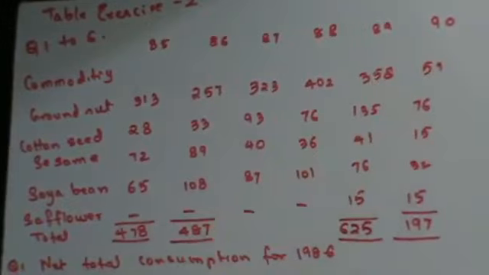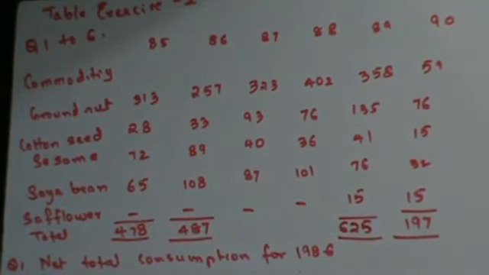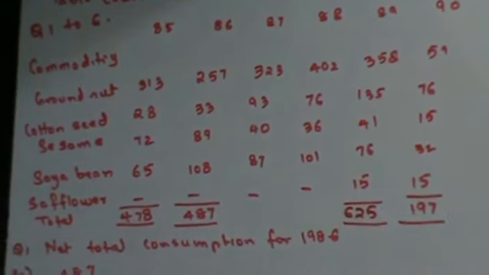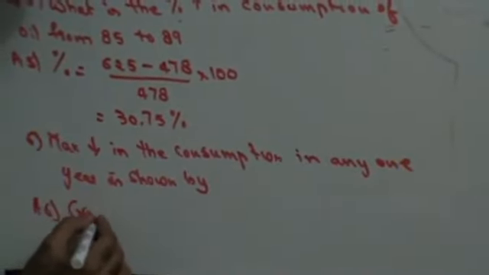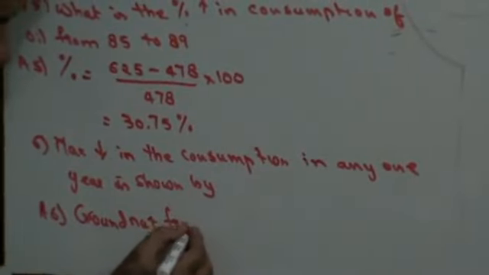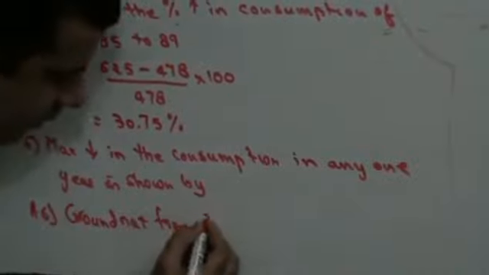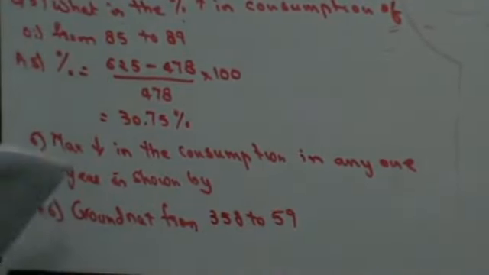From 358 it has gone down to 59, and that is the largest decrease in the consumption in this given table. So the maximum decrease in any 1 year is shown by groundnut, from 358 to 59. That's the maximum decrease. Right? That finishes question 1 to 6.